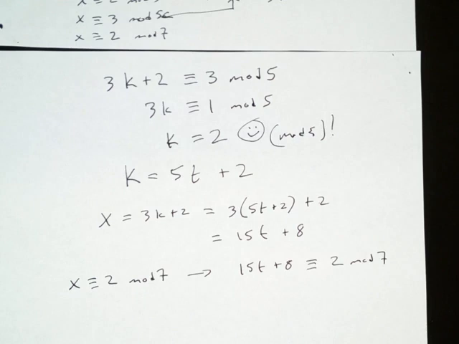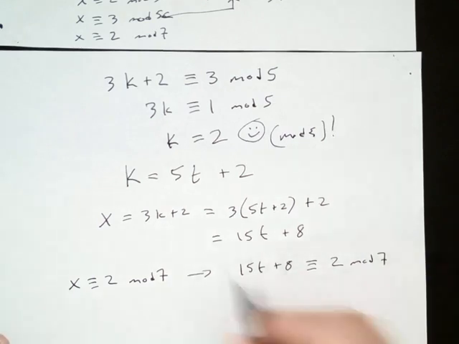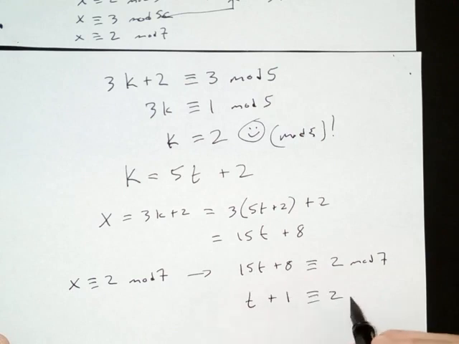Reduce those numbers. What's the remainder when you divide 15 by 7? What's the remainder when you divide 8 by 7? Which means this equation becomes 1t plus 1 equals 2 mod 7. What's the value of t? One.